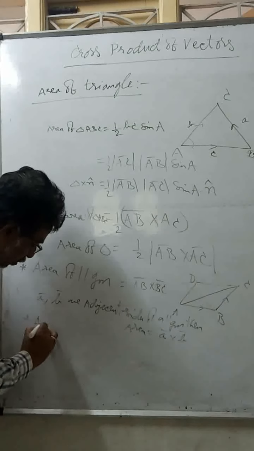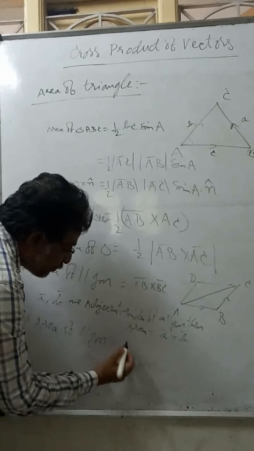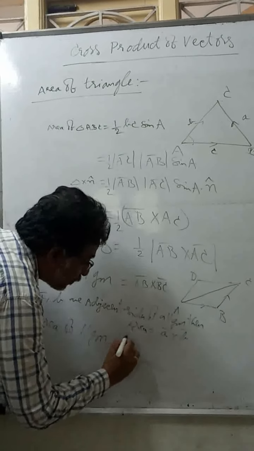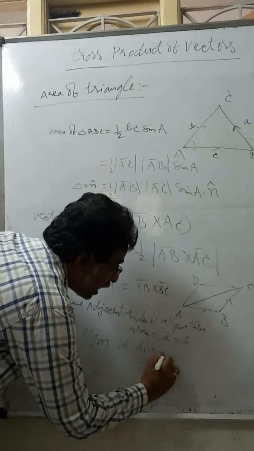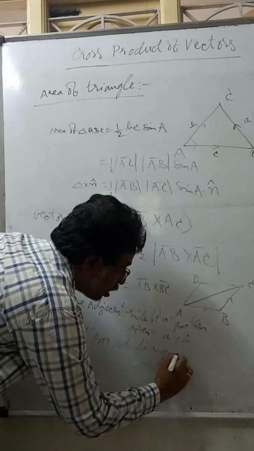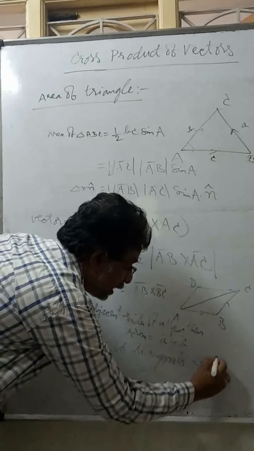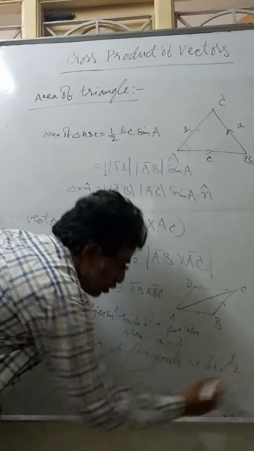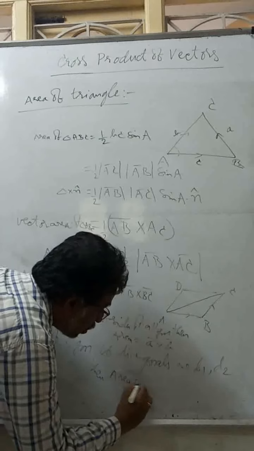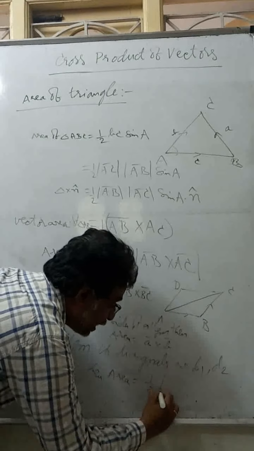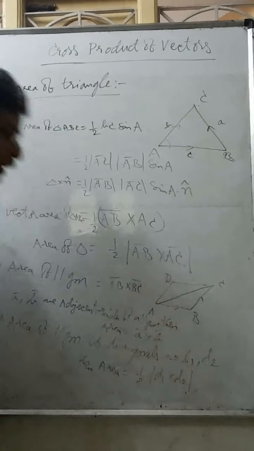Area of parallelogram, if the diagonals are D1 and D2, then area equals half mod D1 cross D2.